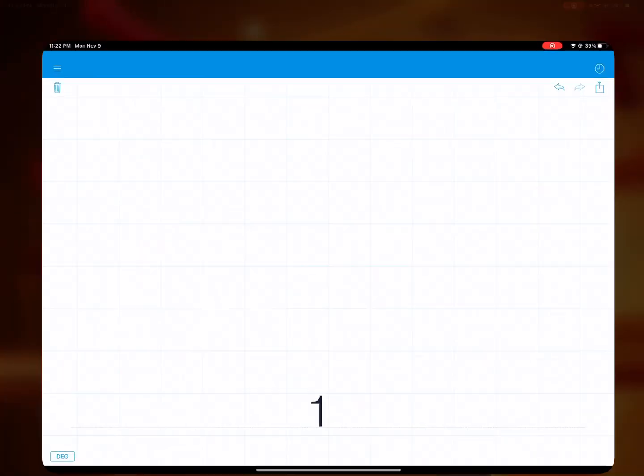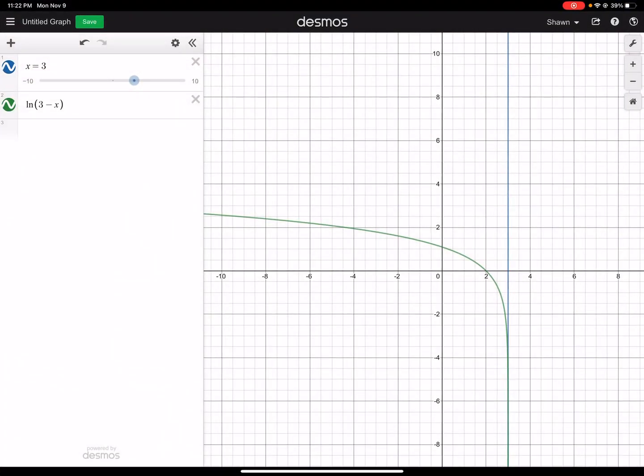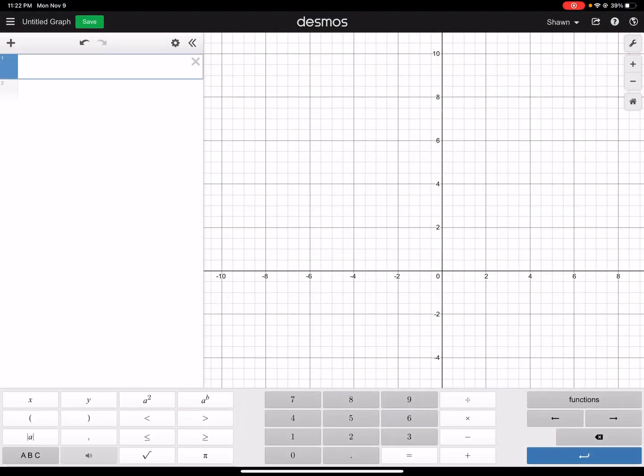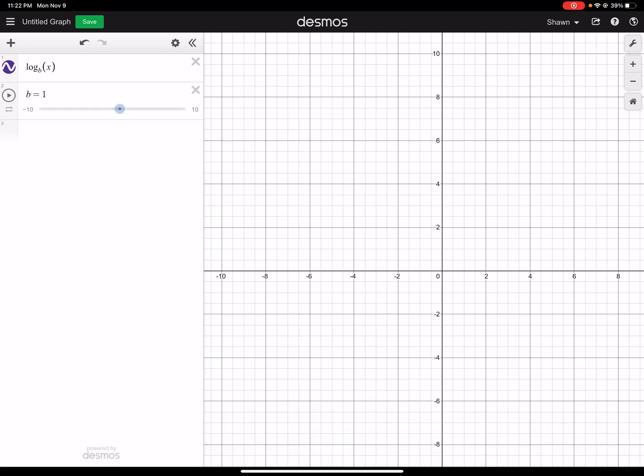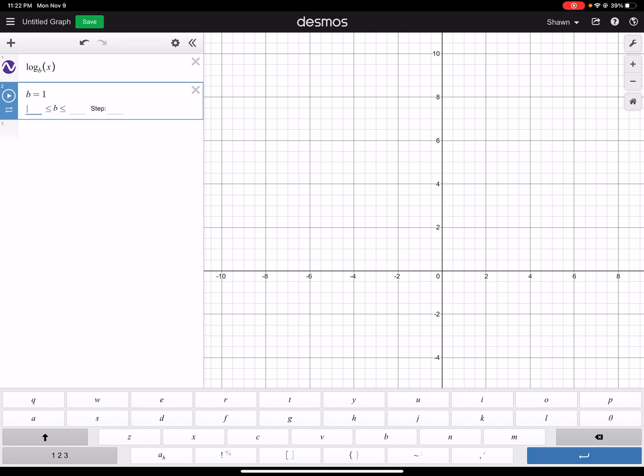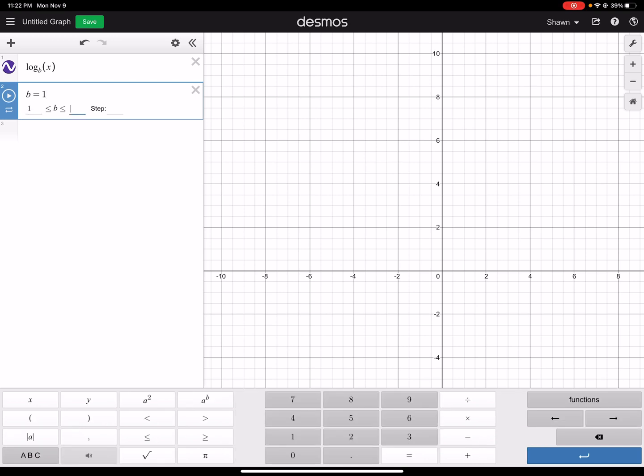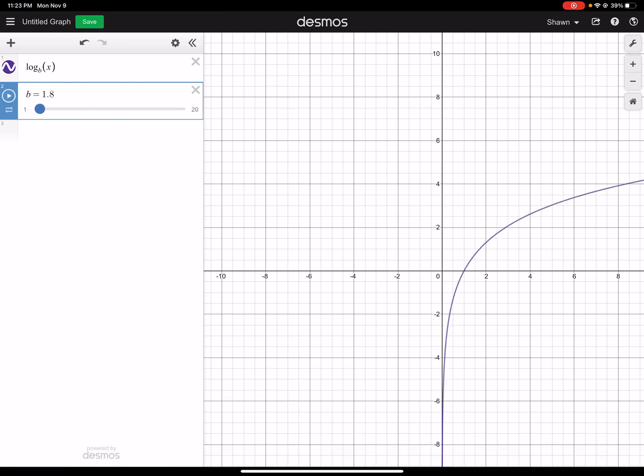Well, let's go over here and let's investigate. So if I take log base b of x, and I put a slider in, and we change from 1 to 20 and go by 0.1.